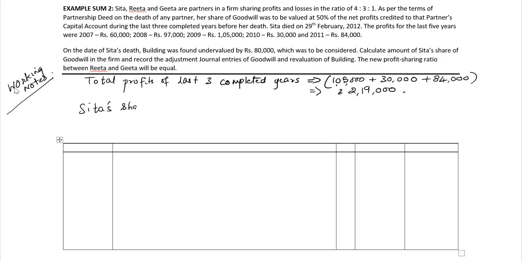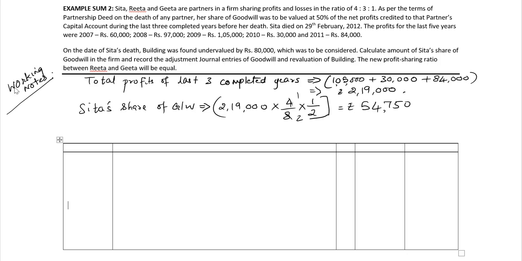So Sita's share of goodwill is 2,19,000 rupees multiplied by her share in profits, which is 4 divided by 8, and 50% of this, so multiplied by half. Comes up to 54,750 rupees is Sita's share of goodwill.